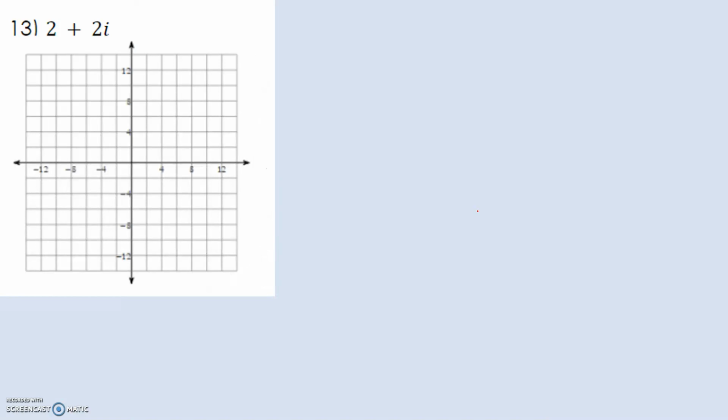Alright, so number 13, we got 2 plus 2i. According to our steps, first we need to find the value of r. How do you find the value of r? Well, r can be found by the formula square root of a squared plus b squared. Essentially, it's the absolute value of the complex number.